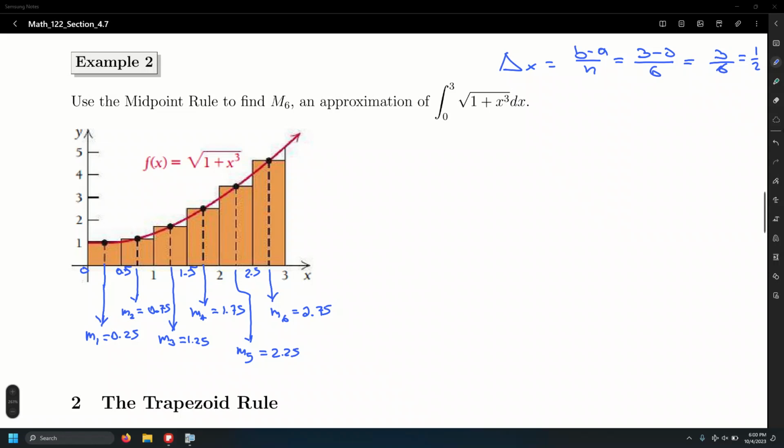And now let's set up the midpoint formula here. So let's set up our area calculation using midpoints. And again, this will be using M6, that is 6 rectangles.